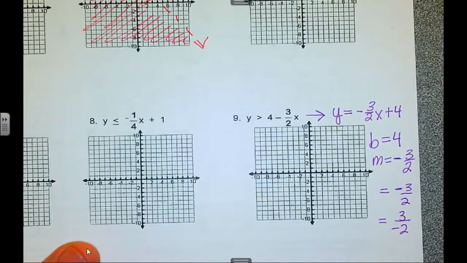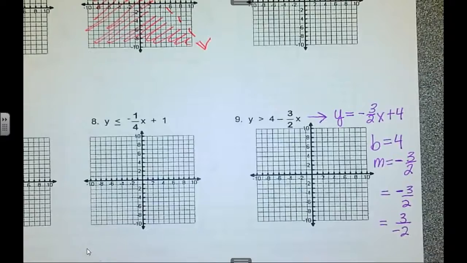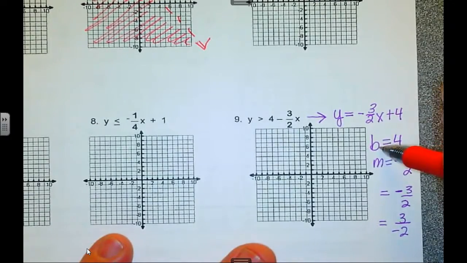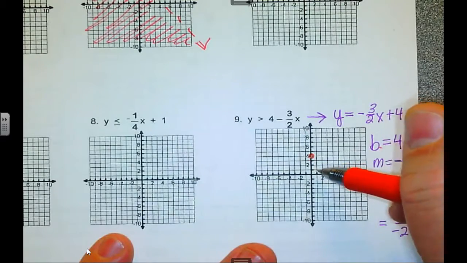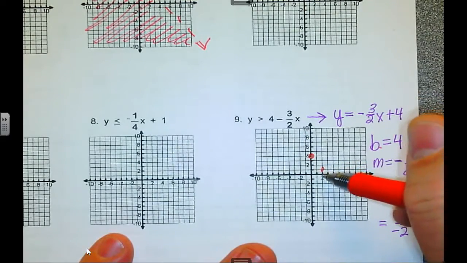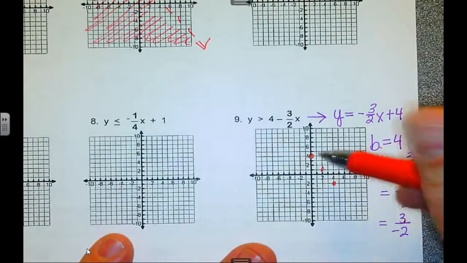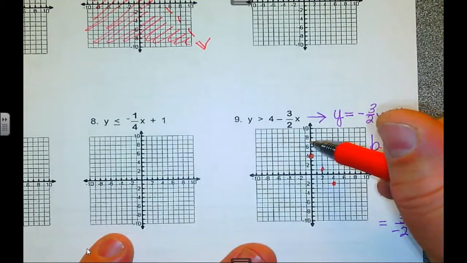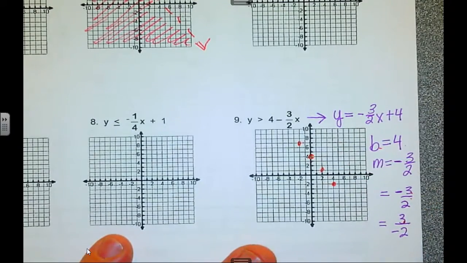Don't put it with both. Don't put a negative sign with the 3 and the 2. It's just one or the other. See all those mistakes on your quizzes. Okay, so it crosses my y-axis at 4. If I use negative 3 over 2, down 3 to the right 2, down 3 to the right 2, or from my y-intercept I can go up 3 to the left 2, up 3 to the left 2.